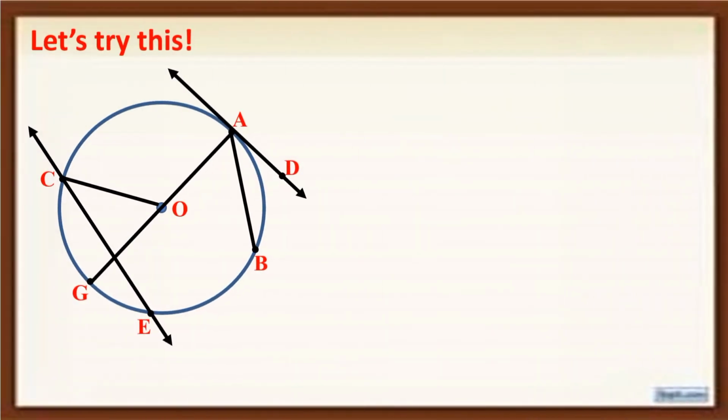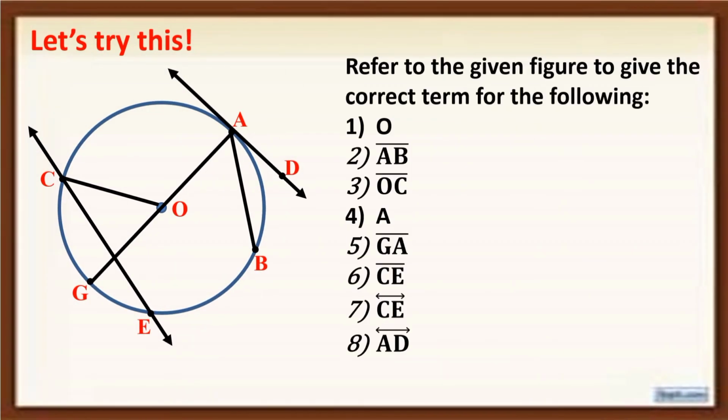Now let's try this. Refer to the given figure to give the correct term for the following. Number 1, O. What is the O in the given figure? O here is the center. Number 2, line segment AB. That is what we call a chord. Next, line segment OC. That is a radius. Next, A. What is A there?